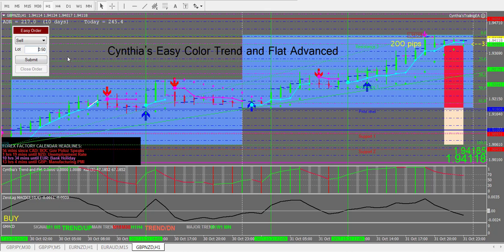platform. Once I've placed my trade using the easy order script, then Cynthia's trailing EA will take over the trade management, and there's 7 different trailing types, and I give you a lot of preset files for you to learn how the trailing stop settings work.